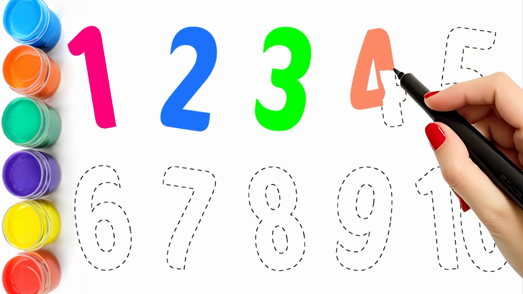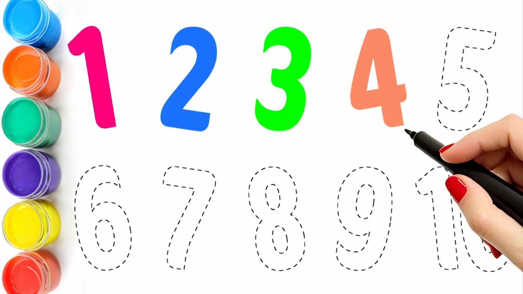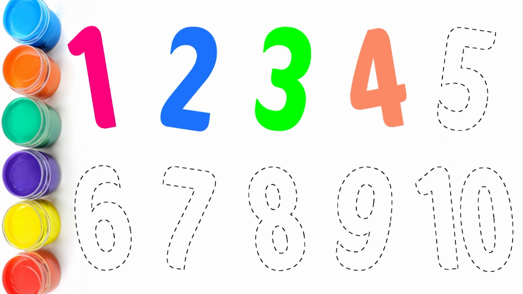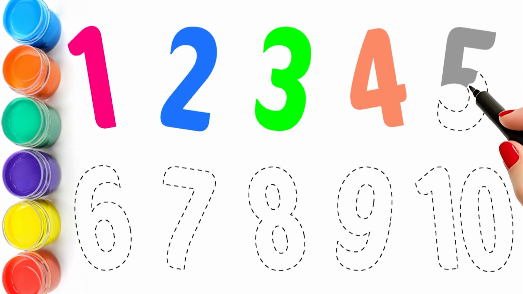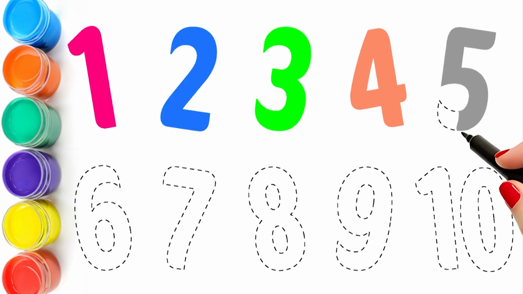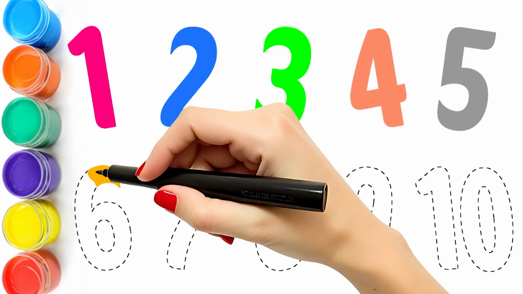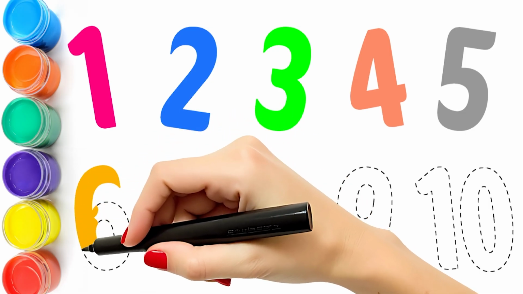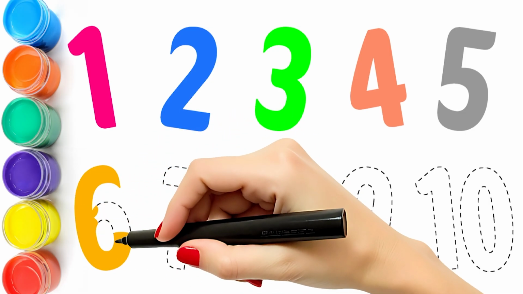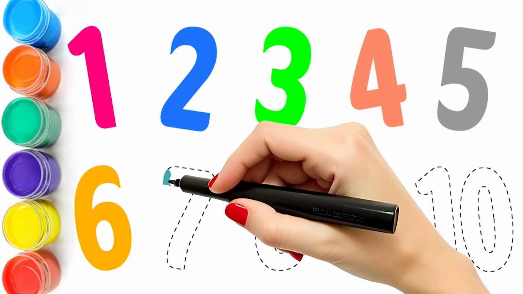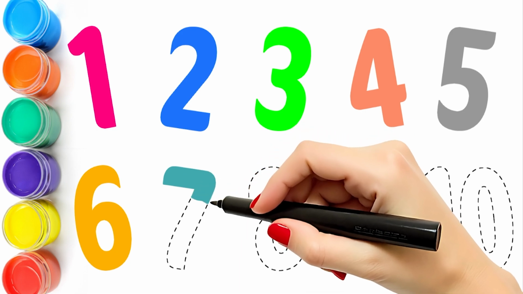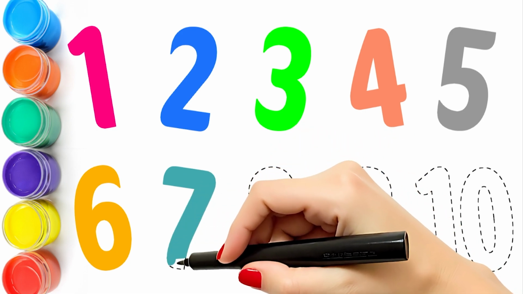Next 4, time, won't you sing with me? 5, A, B, C, D, E, F, G, H, I, J, K, L, M, N, O, P, Q, R, S, T, U, V, W, X, Y, and Z. Now I know my 7, ABCs.